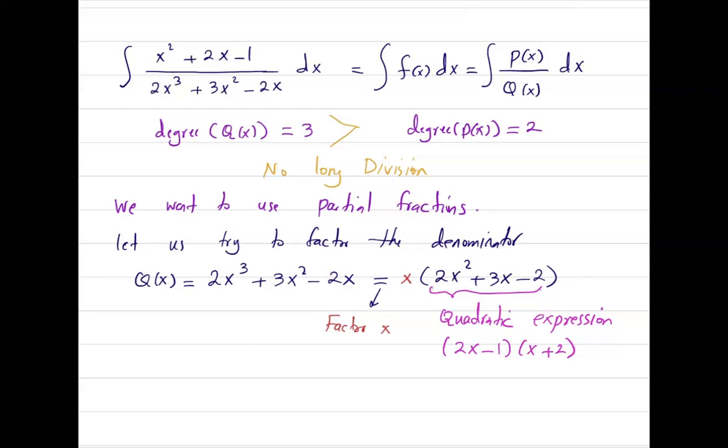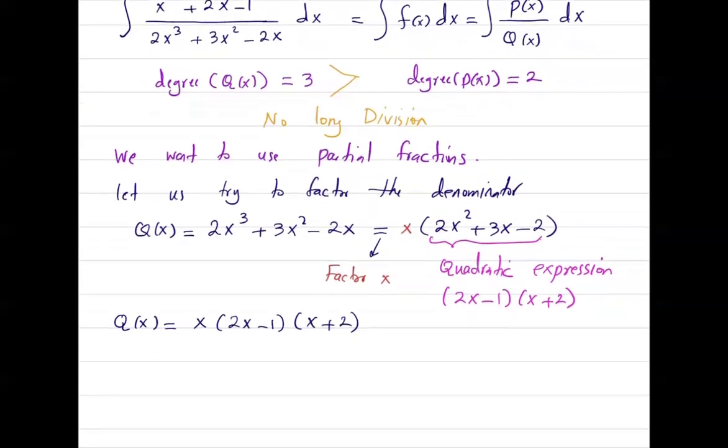But please pay attention here. Here you have x times, so q of x is written as x times 2x minus 1 times x plus 2, which is the product of distinct linear terms. So this is your case 1.